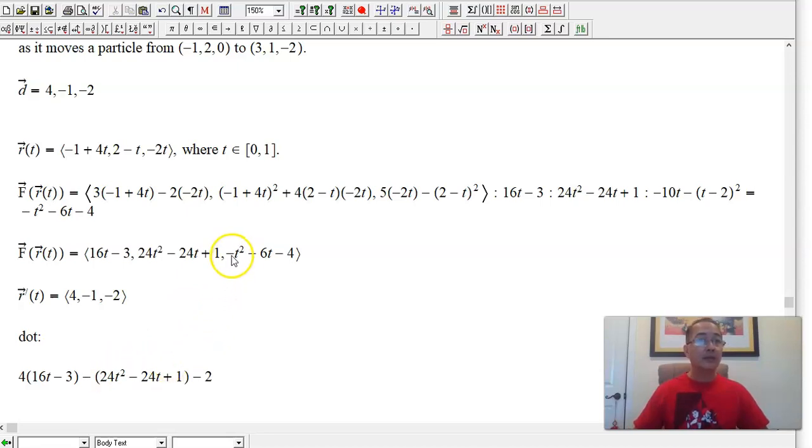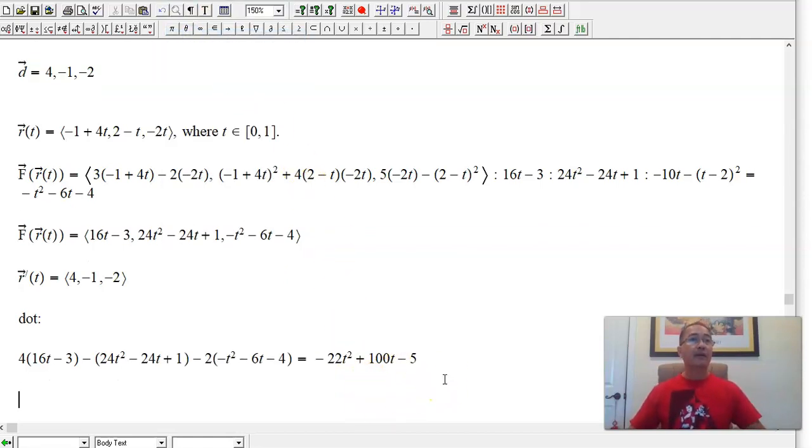And then -2 times this. Oh goody, more algebra. It's just a quadratic. So compute, simplify, and yep, that's what we get. All right, so now we're ready to find the work.